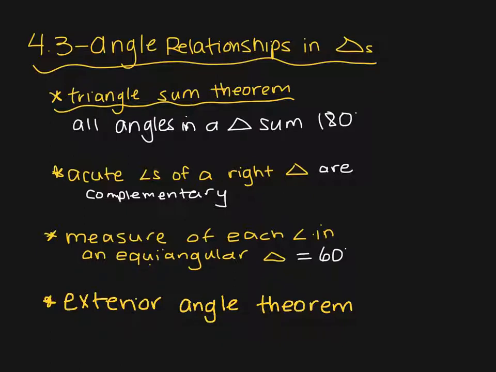Then you had 2 that had names. Exterior angle theorem, which said the exterior angle on a triangle is equal to the sum of the remote interior angles.